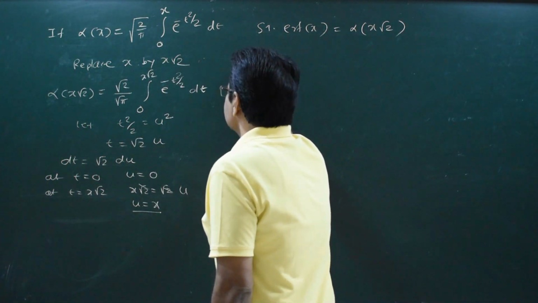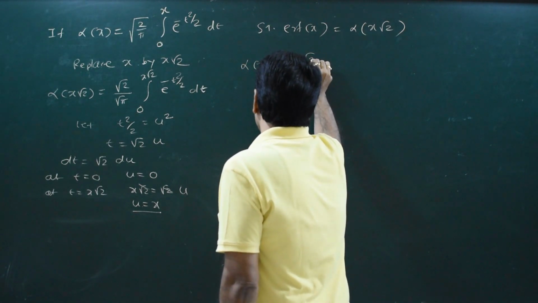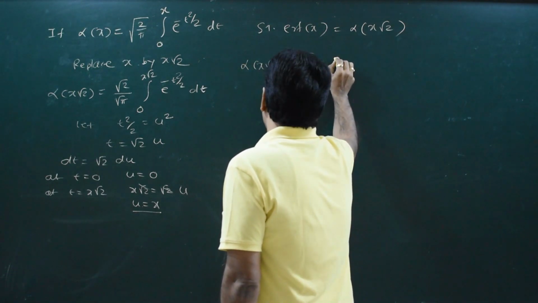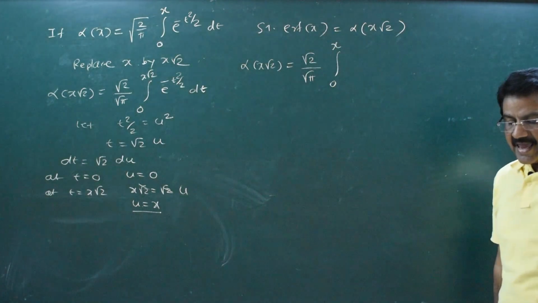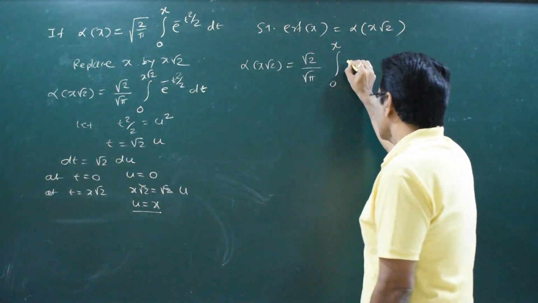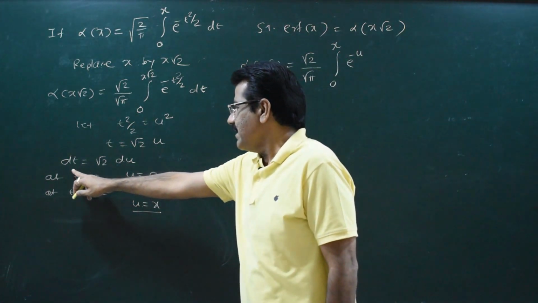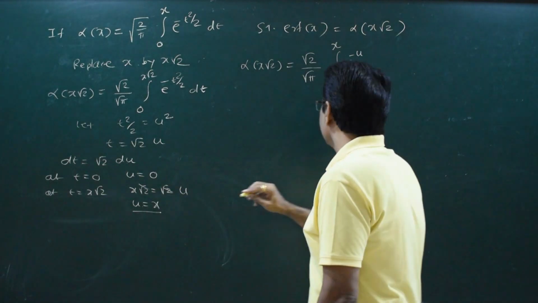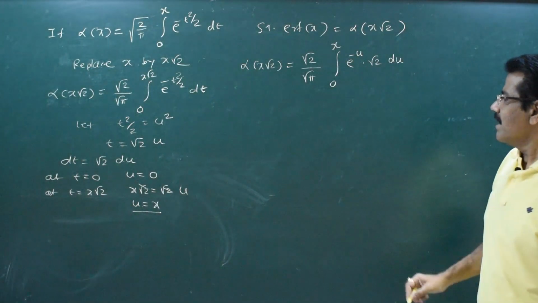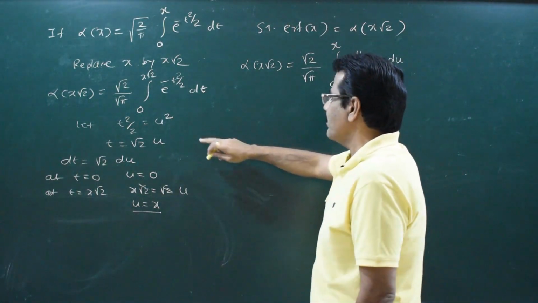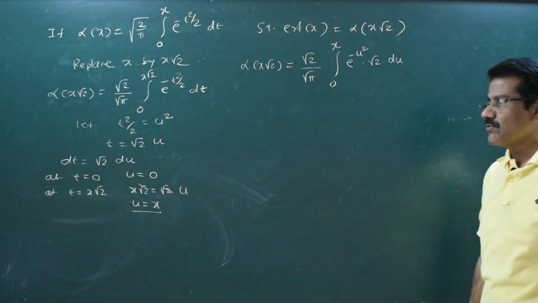Therefore we are going to write in this equation now, alpha of x root 2 is equal to root 2 upon root pi integration 0 to, now the new limits are x upper limit, e raised to minus u square, and now we can see that dt is nothing but root 2 into du. So here we can write root 2 into du. Here we can observe that we have replaced t square upon 2 by u square, so it is e raised to minus u square.